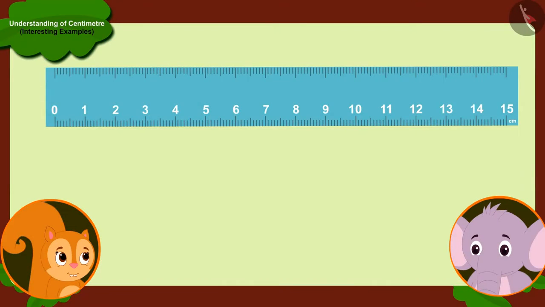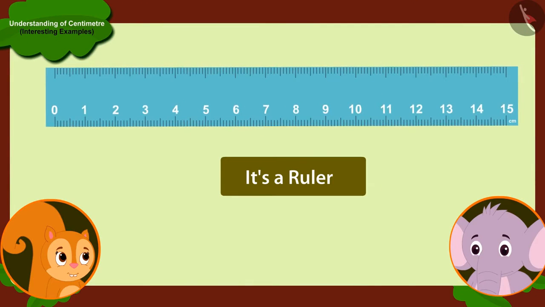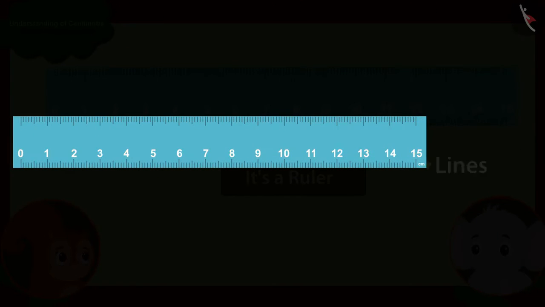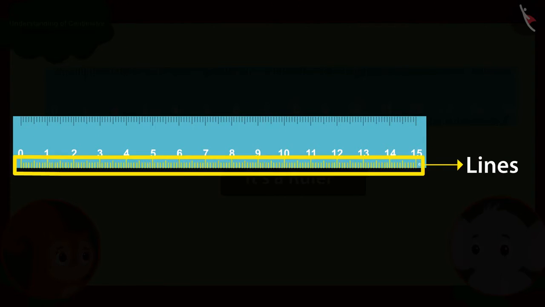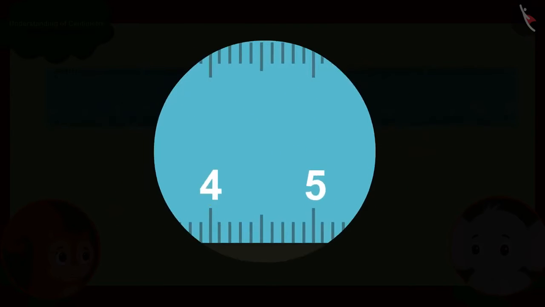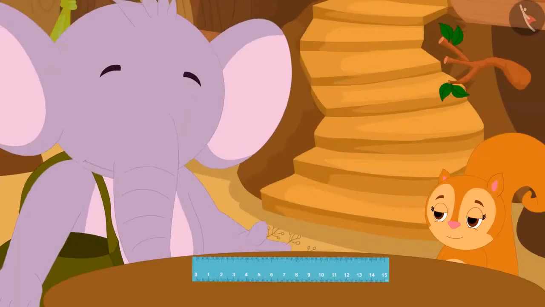Appu starts telling Chanda, This is a ruler. Can you see the numbers written and these lines drawn on it? The difference between any two consecutive numbers written on it is equal to 1 centimeter.